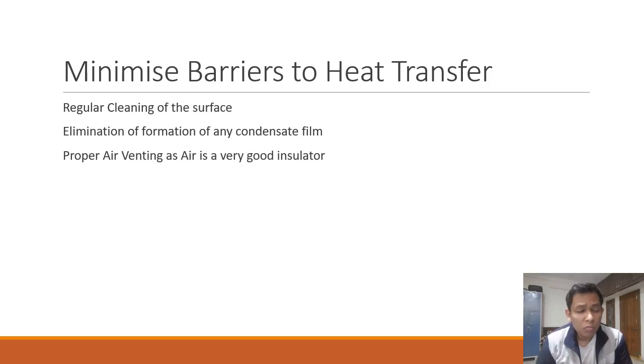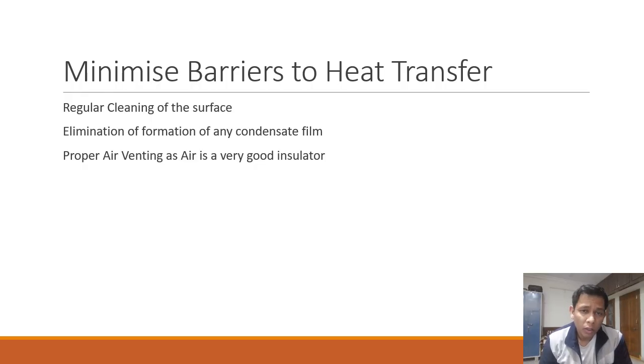Last but very important is to minimize the barriers to heat transfer. Most commonly, we can see scaling on the surface of the pipes, which affects the amount of heat transfer between steam and the product to which we want to transfer heat. So for this, regular cleaning of the surface both inside and outside of the pipe is important, along with elimination of formation of any film like a water film or a condensate film.